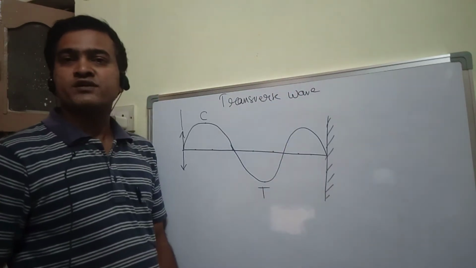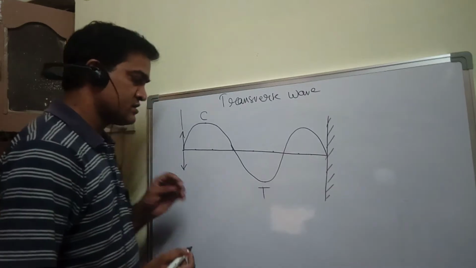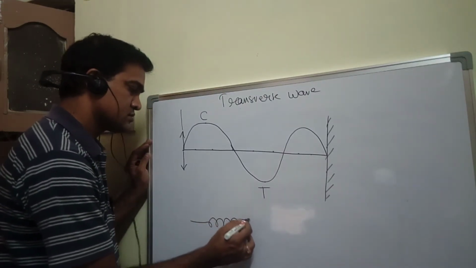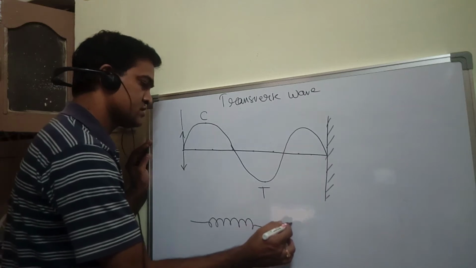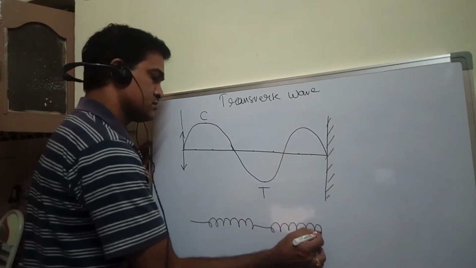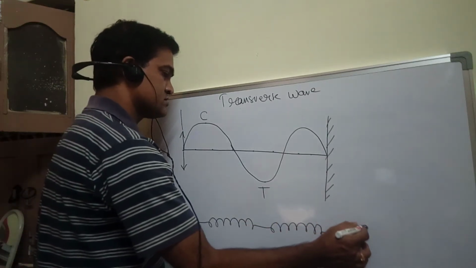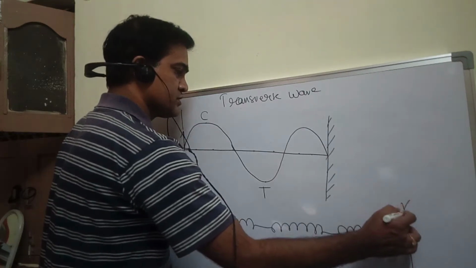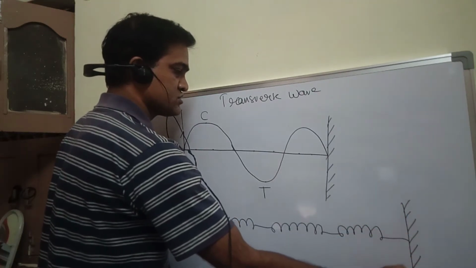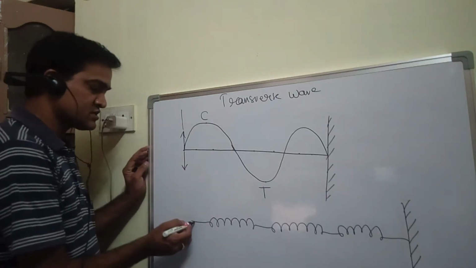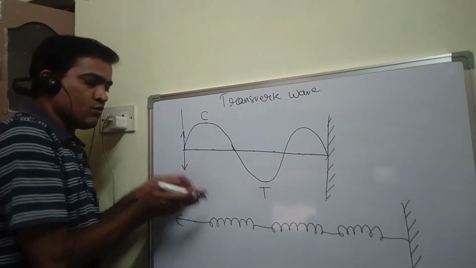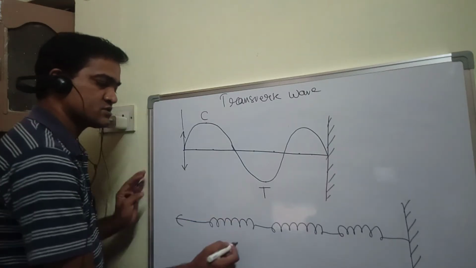In case of a longitudinal wave, as I said earlier, consider a group of springs connected together like this, with one end of the spring fixed to the rigid support. This is pulled and released, so that one spring gets compressed.